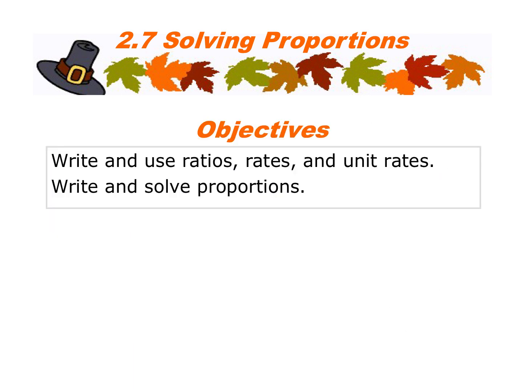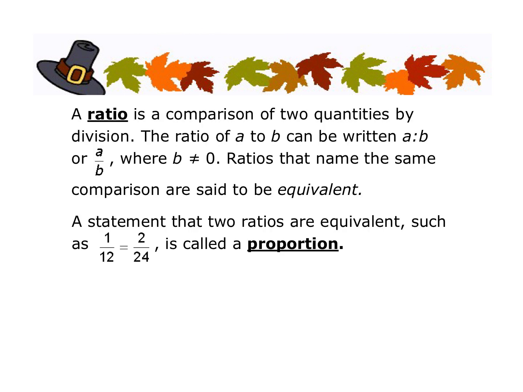So now, after we did the warm-up, let's start with 2.7, solving proportions. Our objective today is to write and use ratios, rates, and unit rates, and to write and solve proportions. Now, a ratio is a comparison of two quantities by division.